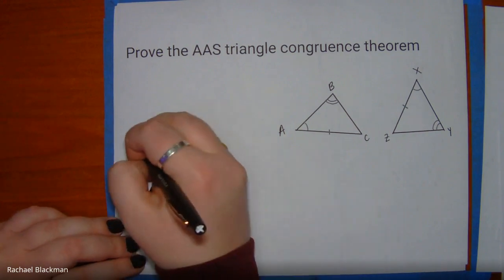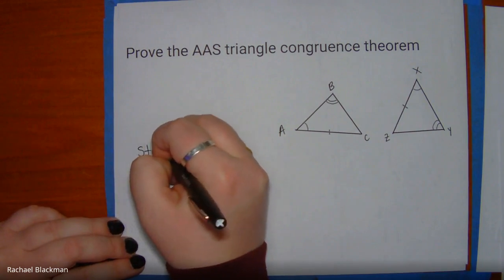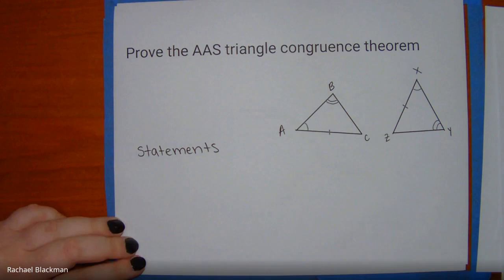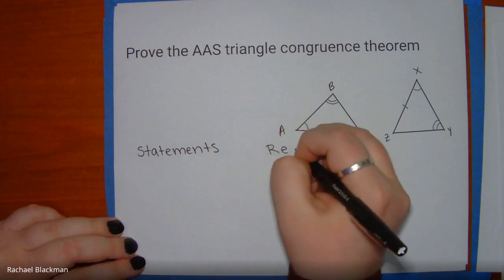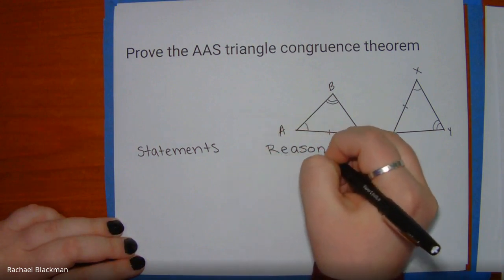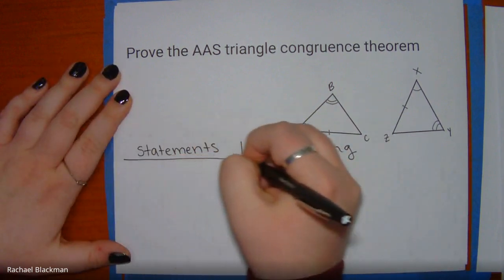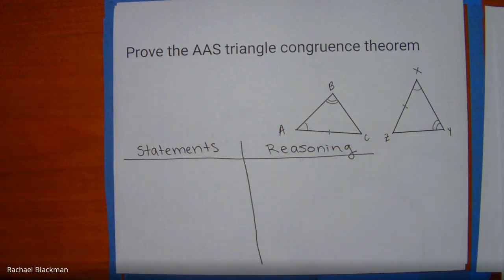And I'm going to put statements right underneath here, and I'll squeeze in reasoning. All right, so take a second, get something set up in your notes so we can go ahead and prove this. Again, maybe a little picture.